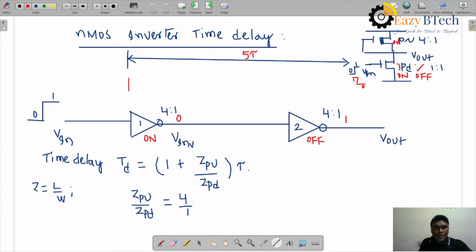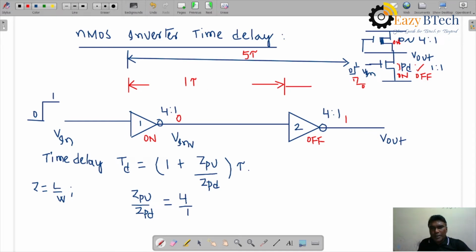So from here to here, how much time will it take? 1 tau, right? So when it is on, the time taken here is 1 tau.